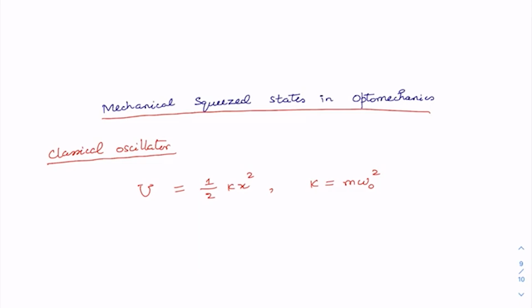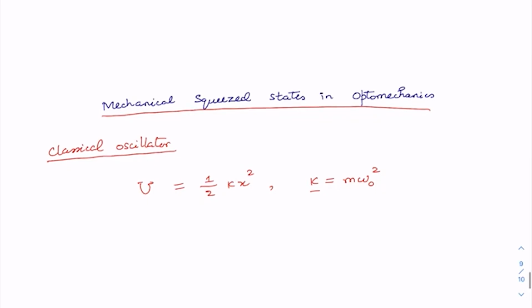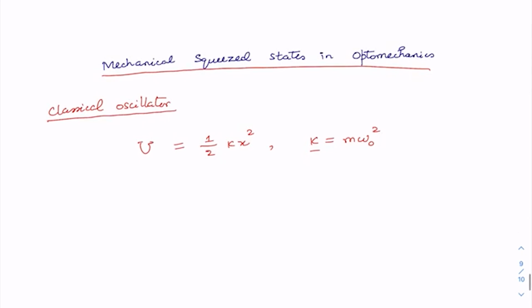Let us modulate the spring constant k of the oscillator. We do that by modulating the frequency by a small amount at twice the natural frequency. So if I modulate the spring constant, then I will do a time dependent modulation.